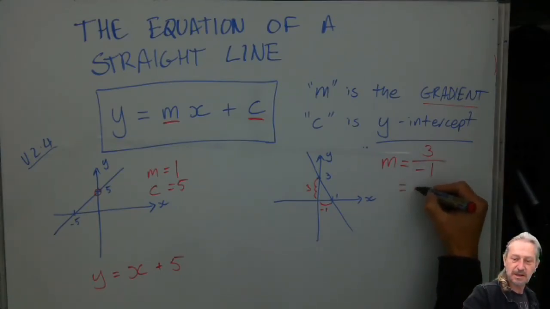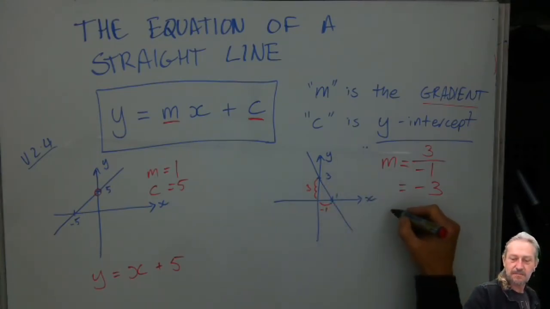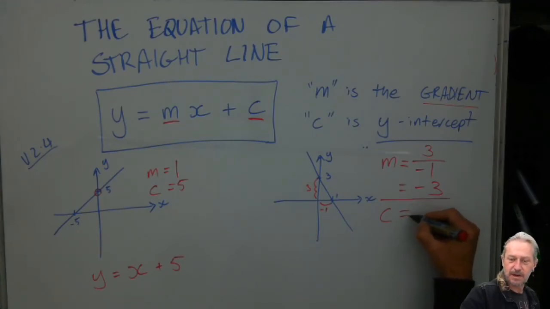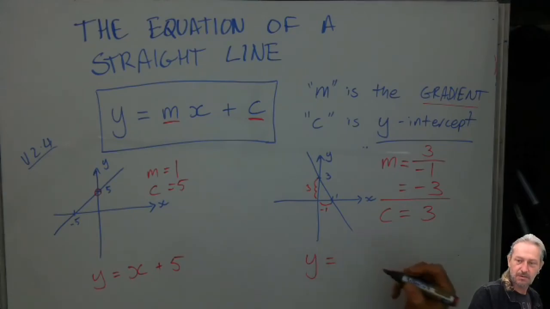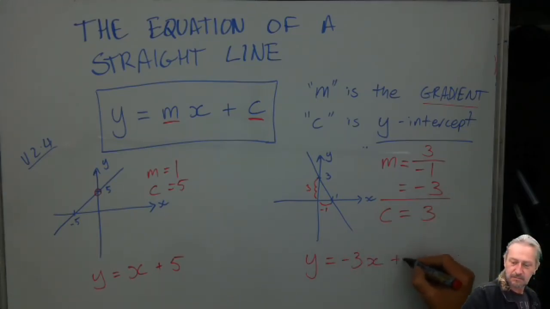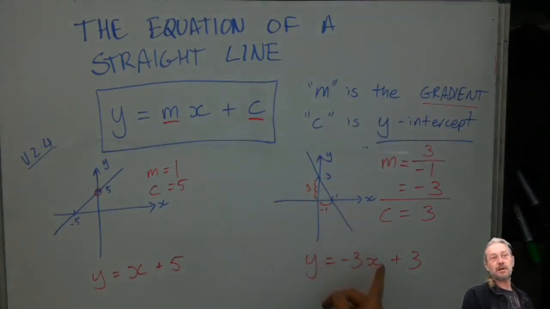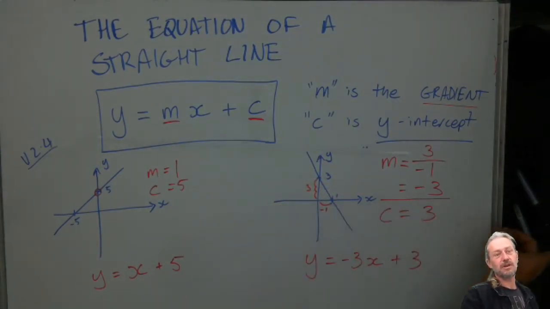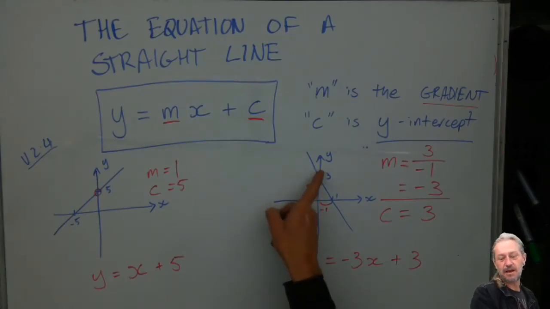So this is -3. And our y-intercept is at 3. So the equation, y equals -3x plus 3. So every time we have a negative number in front of the x, it means the slope's coming down as we move in the positive x direction. And it cuts the y-axis at 3.